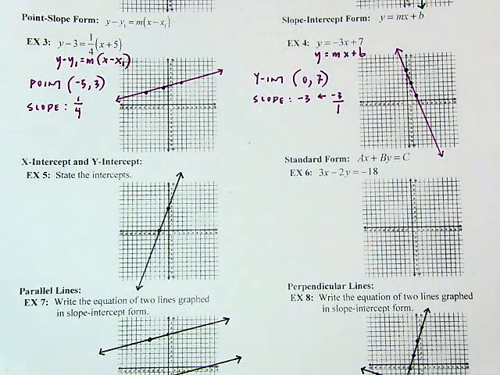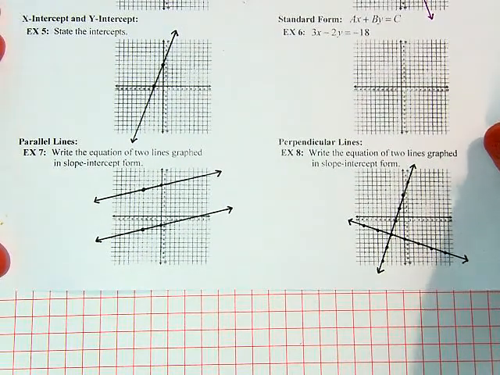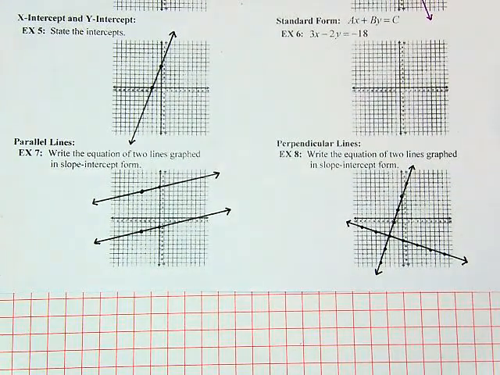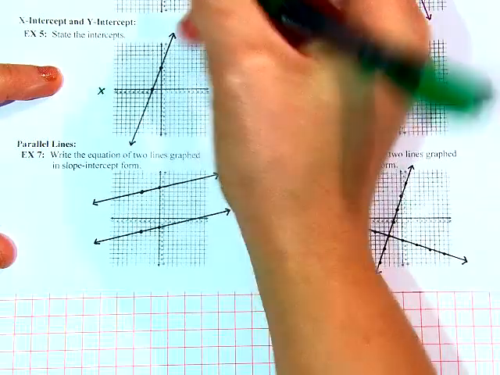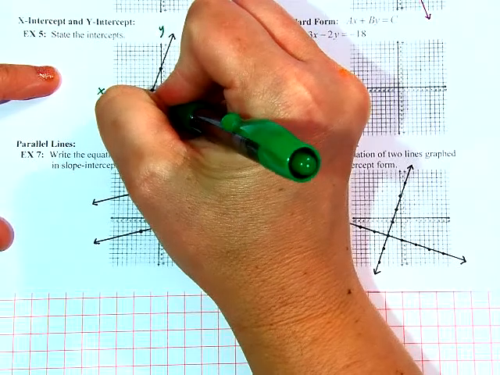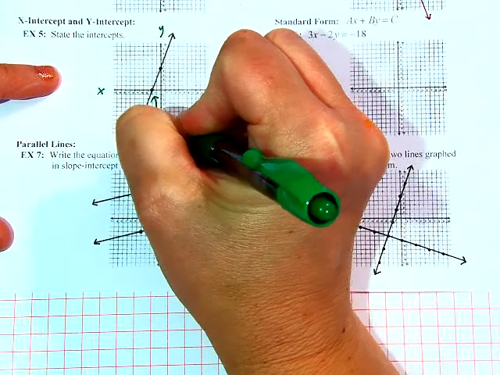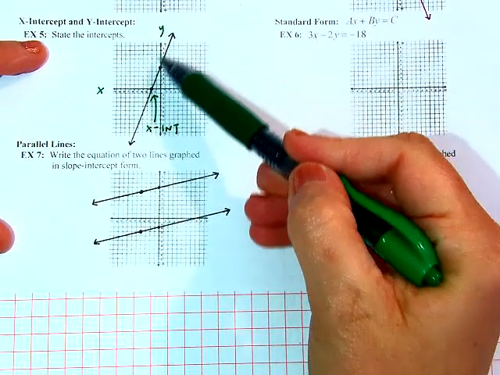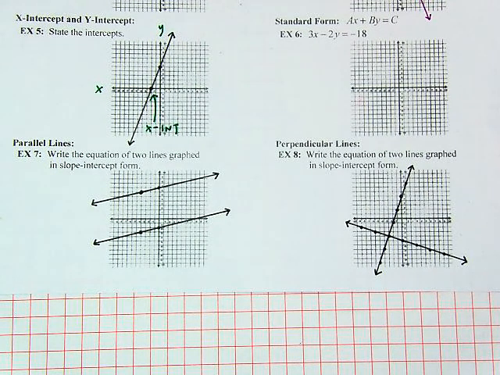All right, next up, x and y intercepts. All right, so here I just wanted to make sure that we could recognize them. So here I know that this is my x-axis and this is my y-axis. So that means that right here, this location is my x-intercept, okay, because that's where my line intercepts, crosses, slices through the x-axis.